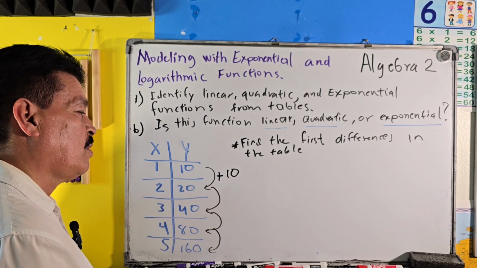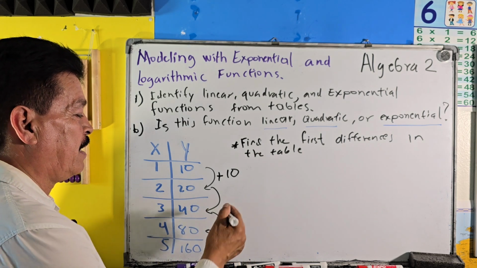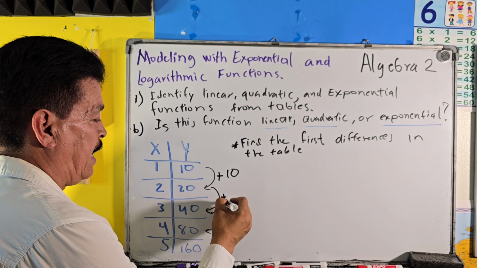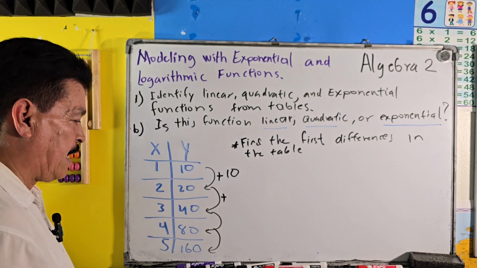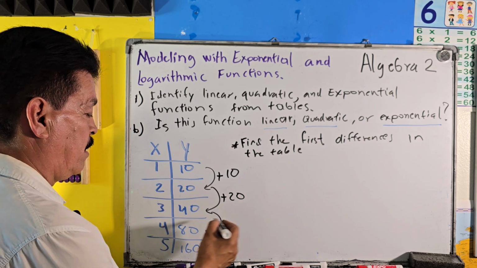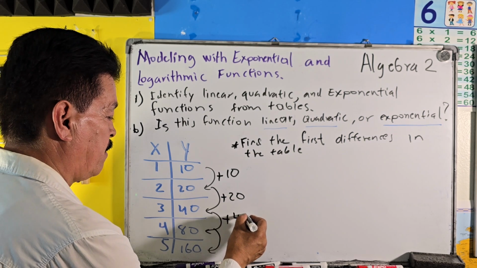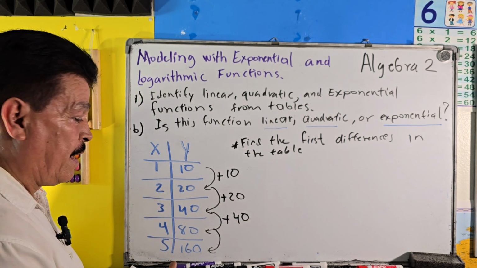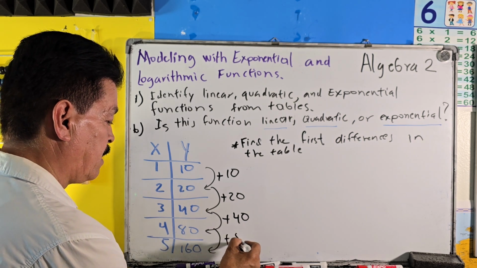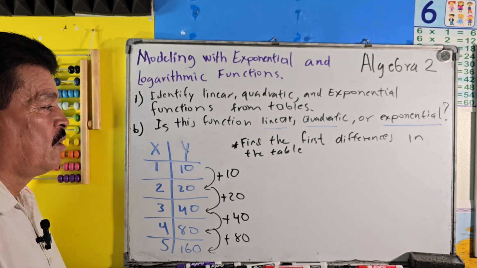Sometimes it's multiply, sometimes it's divide. 20 plus 20 is 40. 40 plus 40 is 80. And then 80 plus 80 is 160.